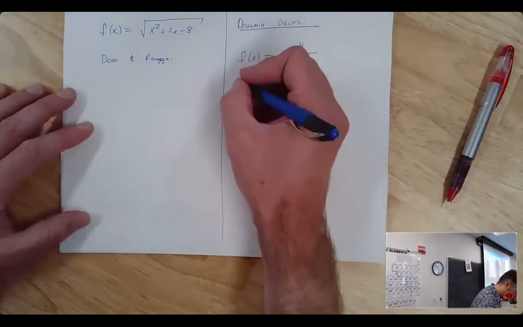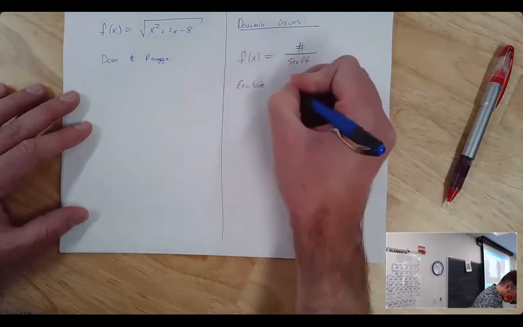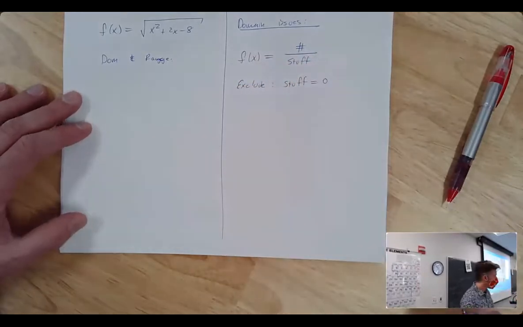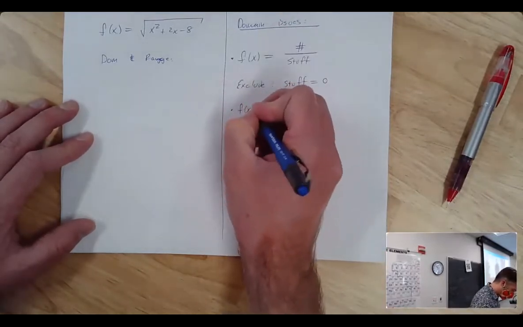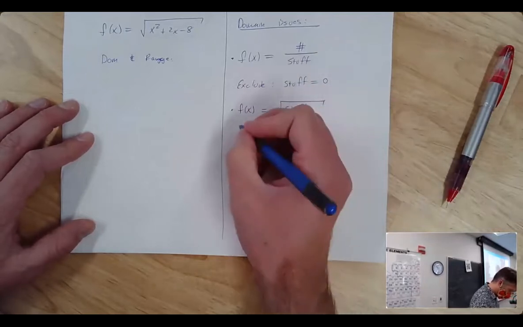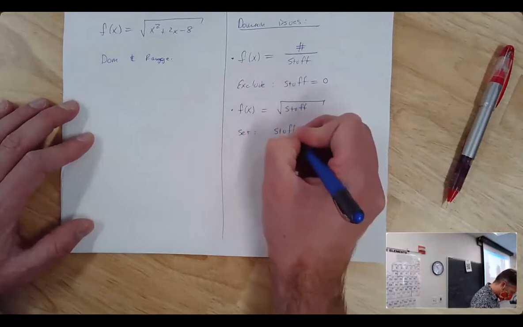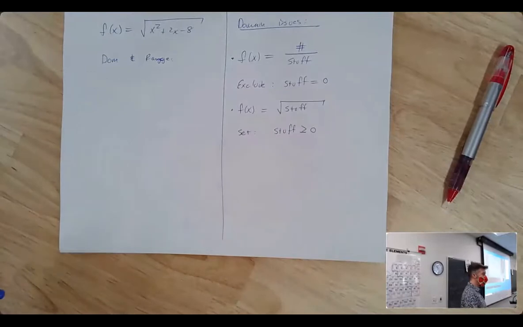So we usually start by saying, I'm going to exclude where the denominator is equal to 0. Or if our function is equal to the square root of some stuff, we're going to start by setting the stuff to be greater than or equal to 0, because we can't take the square root of a negative number.